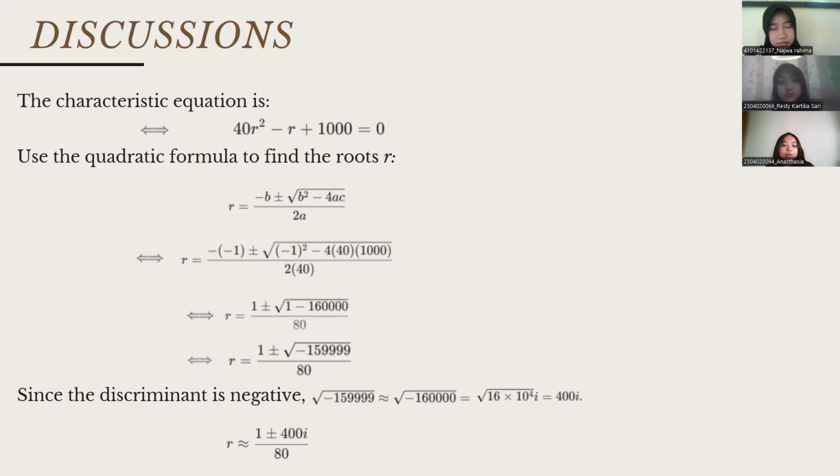And r equals 1 plus or minus the square root of minus 159,999, over 80. Since the discriminant is negative, the square root of minus 159,999 is approximately the square root of minus 160,000, which is the square root of 16 times 10 to the power 4 times i, equal to 400i. And we get the final roots: r approximately 1 plus or minus 400i over 80.